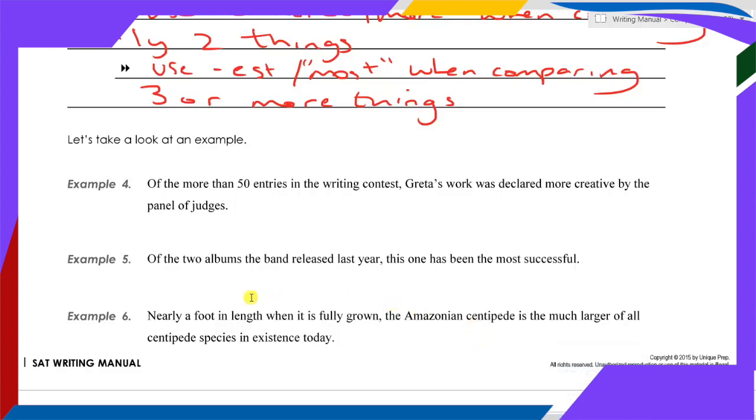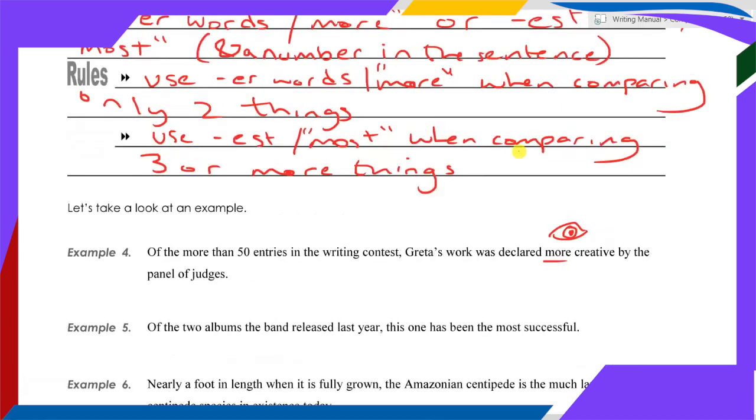So in example 4, we have, of the more than 50 entries in the writing contest, Greta's work was declared more creative by the panel of judges. So there's the ER word, or more. There's our tip-off clue right there. Now what we need to say is, if Greta's work was declared more creative, we should only be comparing two things, because when we use "more" or an ER word, we are comparing two things.